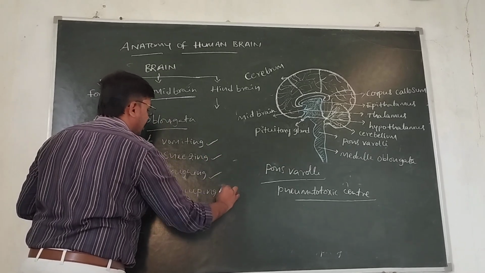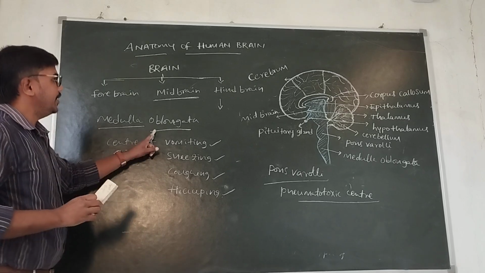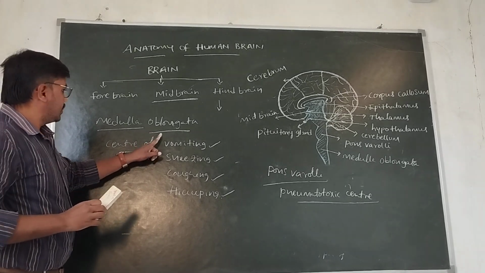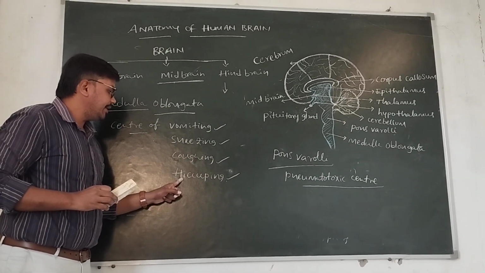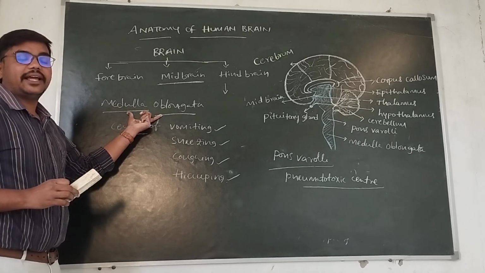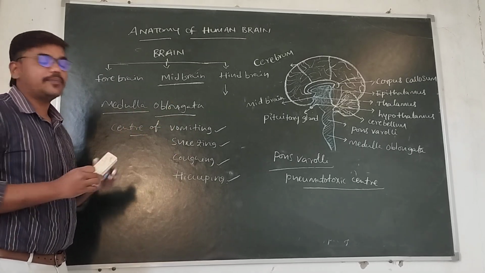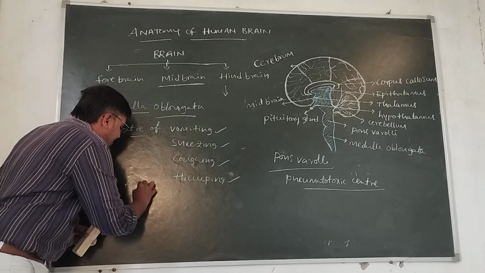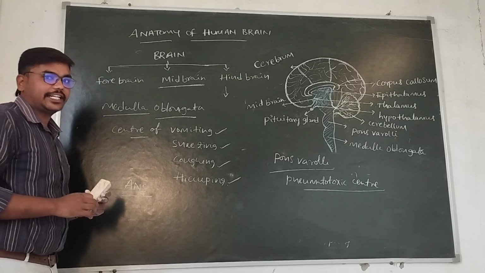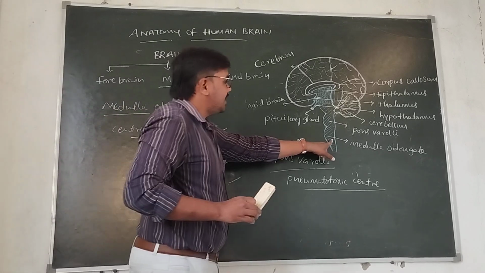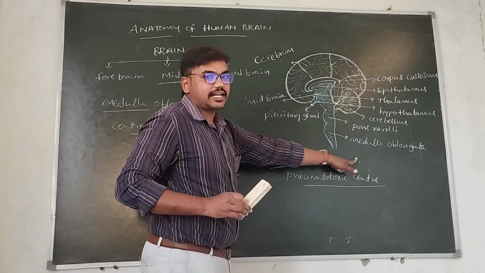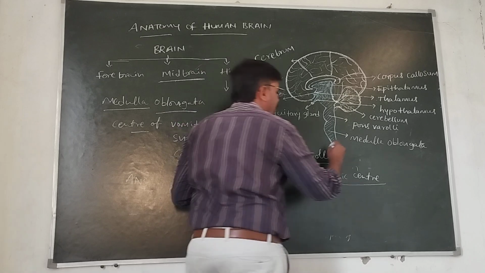These are the functions of the medulla oblongata. Also, the medulla oblongata indirectly performs the functions of the autonomic nervous system (ANS).